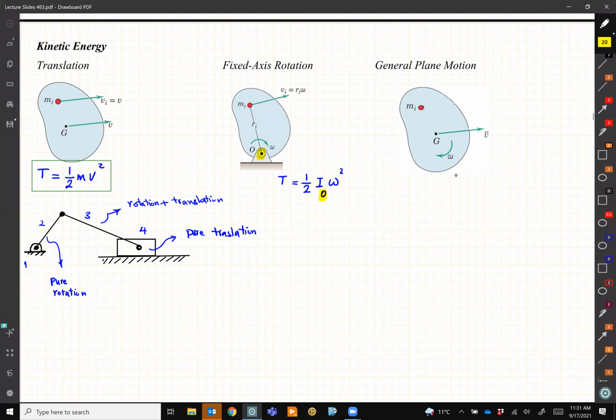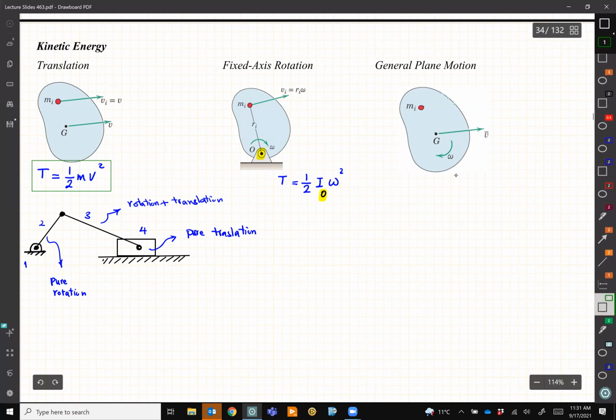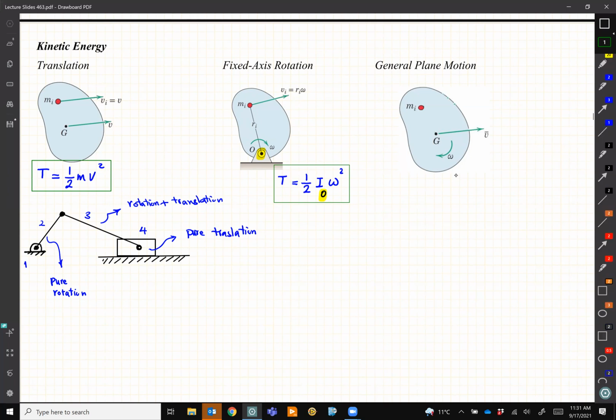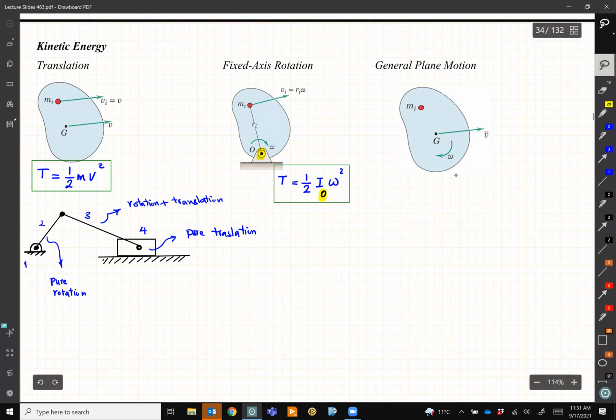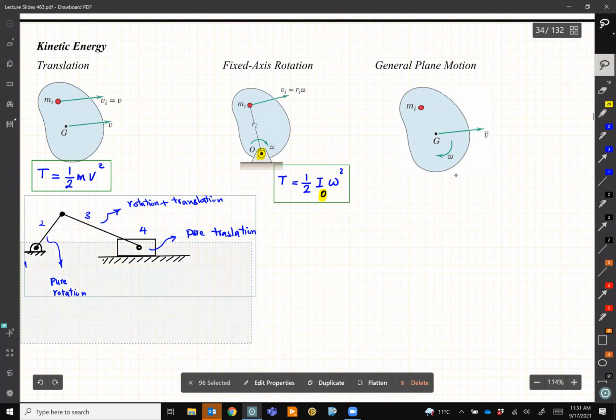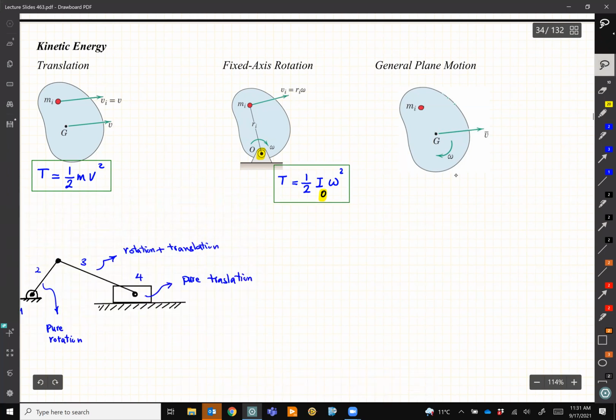And the last one you can guess is a combination of these two.